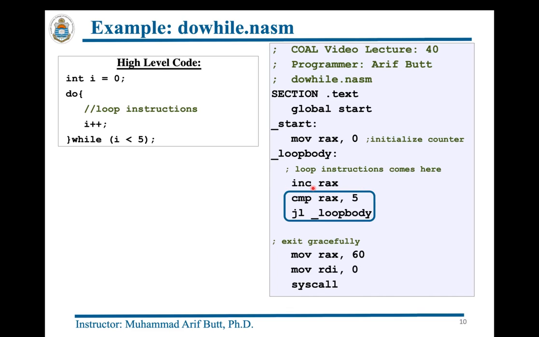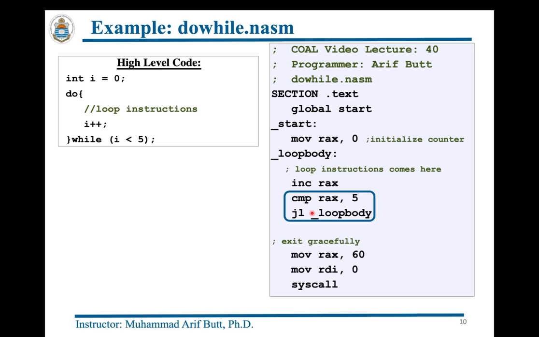Finally, these two instructions check for the loop condition. Since RAX contains 1 right now, which is of course less than 5, this conditional jump instruction JL says jump to this label _loop_body if the first operand of the above compare instruction, that is 1, is less than the second operand, that is 5.